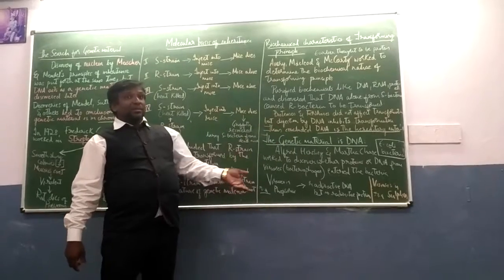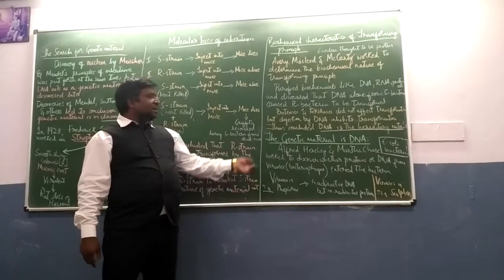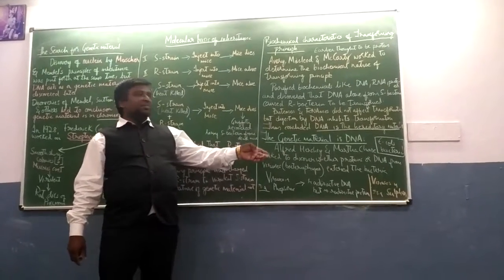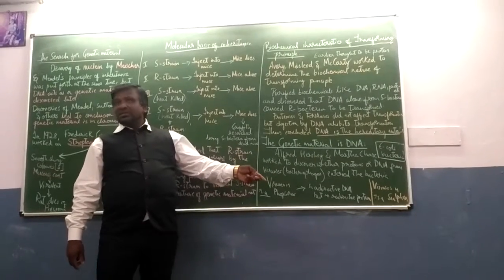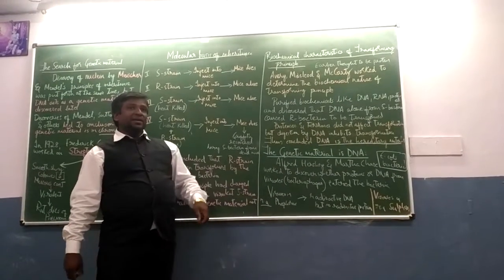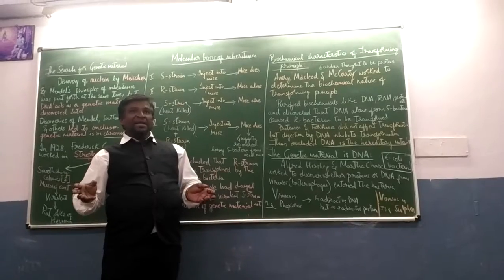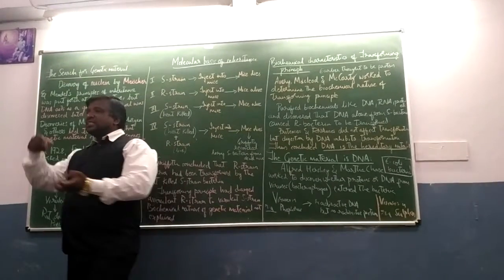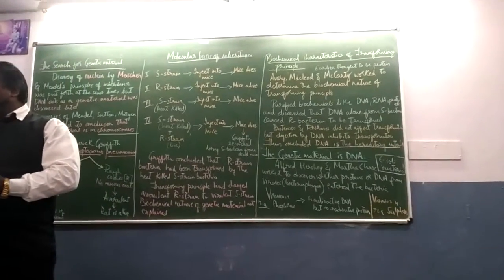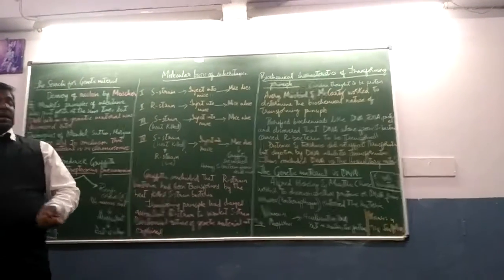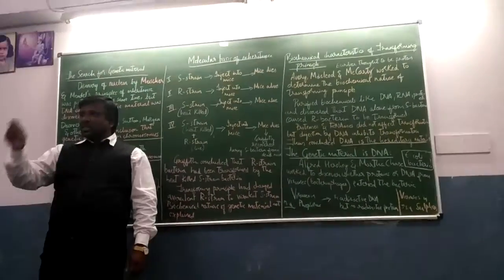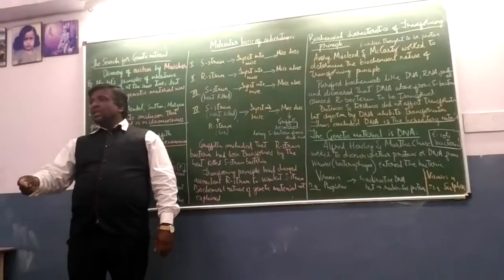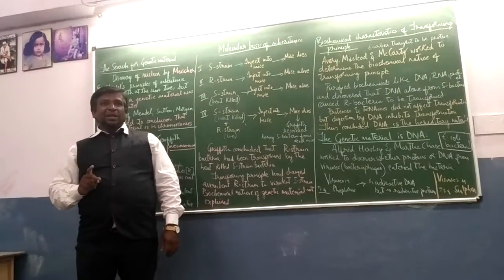So to obtain a convincing solution, Alfred Hershey and Martha Chase worked on E. coli. E. coli is Escherichia coli bacteria, infected with bacteriophages. They wanted to show with 100% surety that DNA is the genetic material.